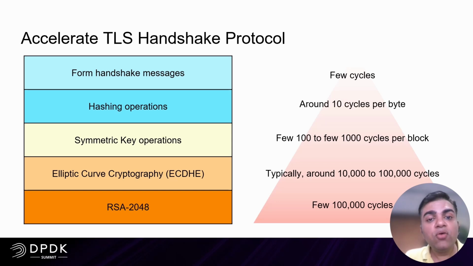Hashing for generating MAC can take around 10 cycles per byte of data. Symmetric key operations for encryption take around 100 to 1000 cycles per block of data. The key exchange using ECDHE or any other protocol may take around 10K to 100K cycles. The certificate authentication using RSA may take a few 100K cycles.